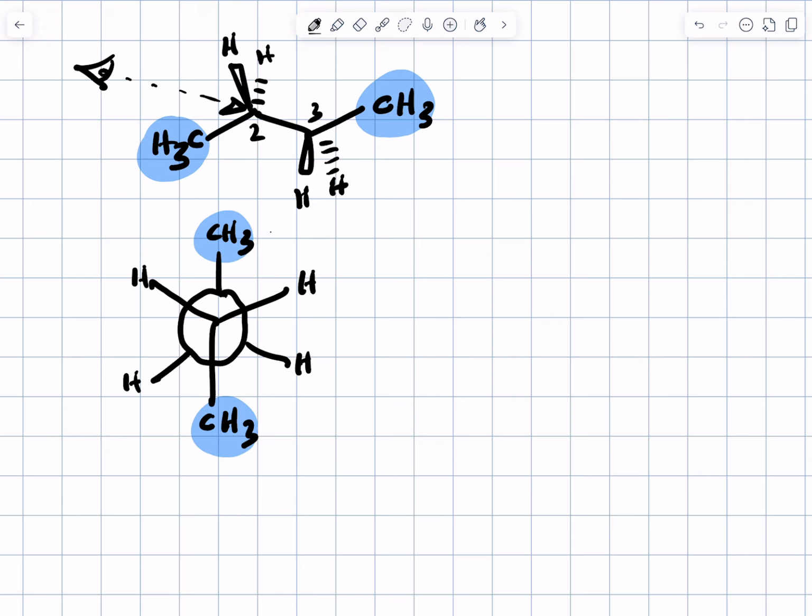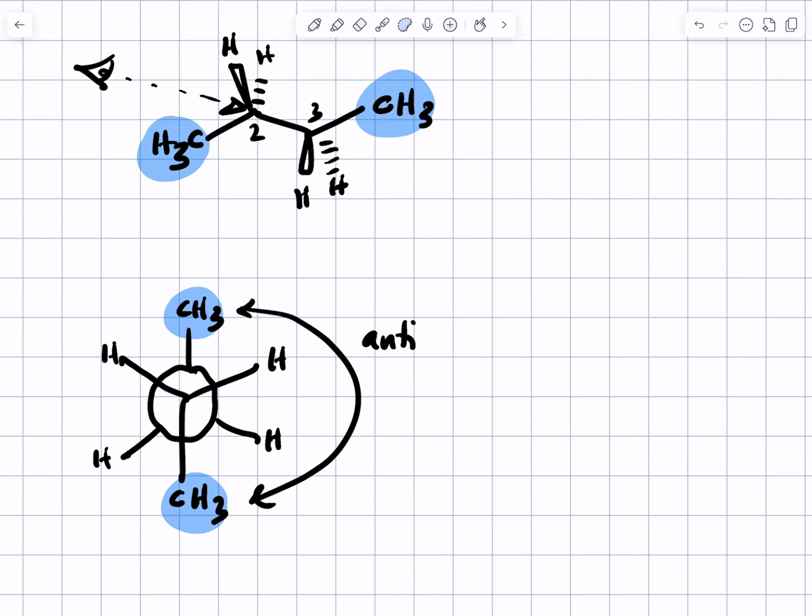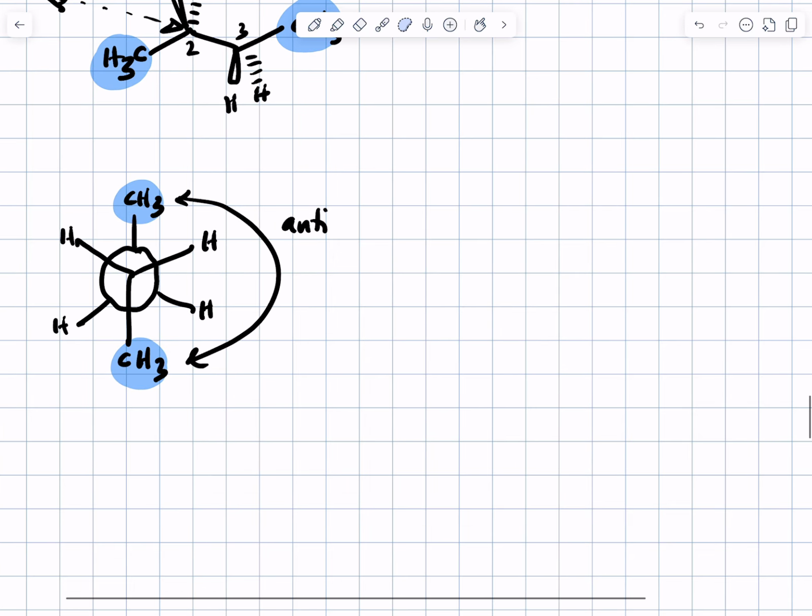So importantly, the relationship between the two methyl groups is anti, because the torsional or dihedral angle between those groups is 180. For a gauche conformation, you can do this in multiple ways, but I like to keep the carbon in the front exactly the same.